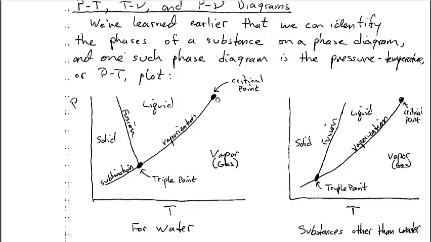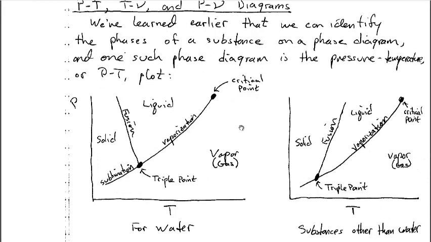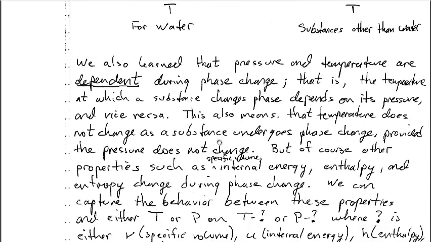And we'll talk about what that means more in just a little bit. And of course, we talked about how this phase diagram looks different for different types of substances. So for water, the fusion line is slanted backward, whereas for substances other than water, the fusion line is slanted forward.